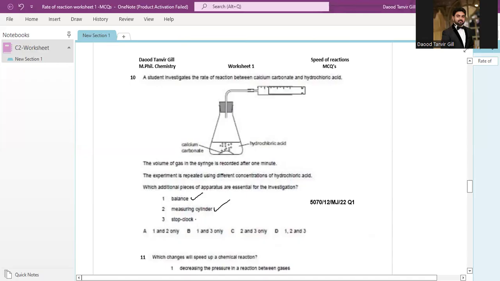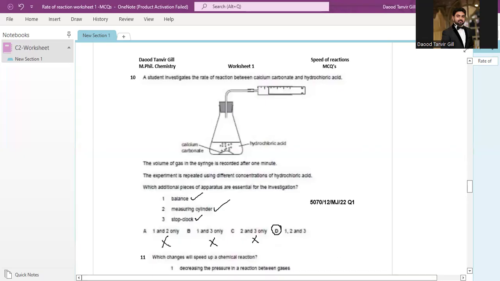So which option contains all these three? It's definitely D. It has all of them. We'll go for D. The remaining options do not contain these apparatus, so we'll eliminate them.